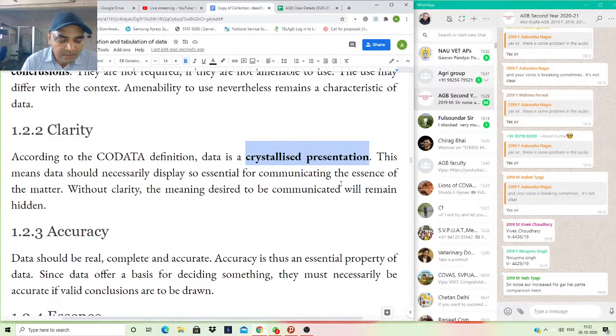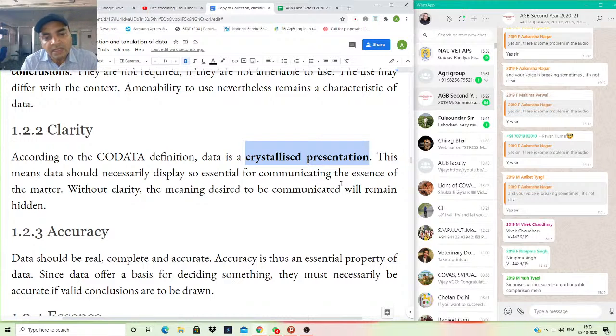If the data is not clear and does not communicate what is residing in it, that data cannot be used further. If we collect data from which we cannot draw conclusions, it will be of no use. So there should be some clarity.